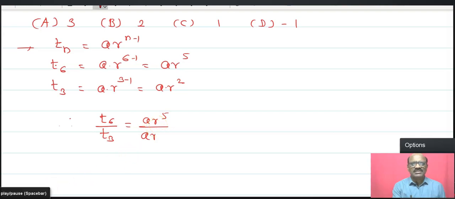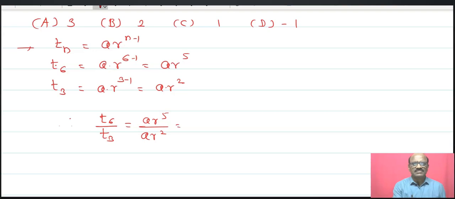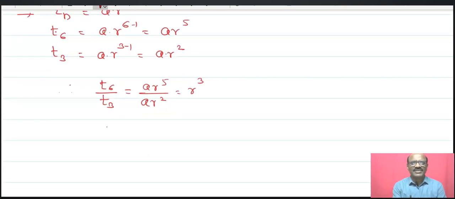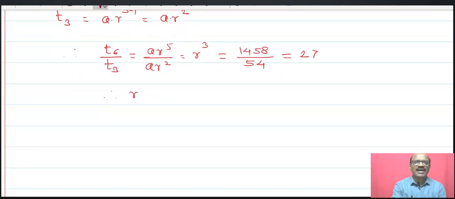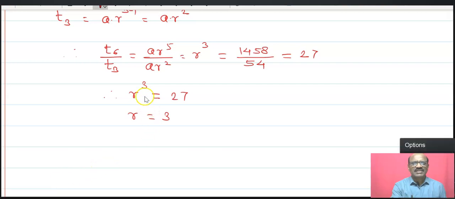Now see this here. r raised to 5 upon r square is r raised to 3. Now 1458 upon 54. Now we will divide this and we get r cube is equal to 27. Therefore r is equal to 3 here. Now again see this here.